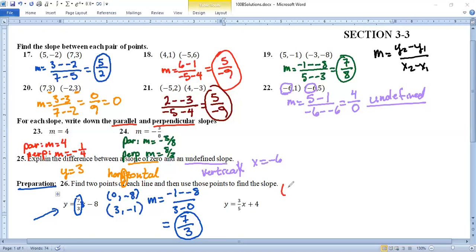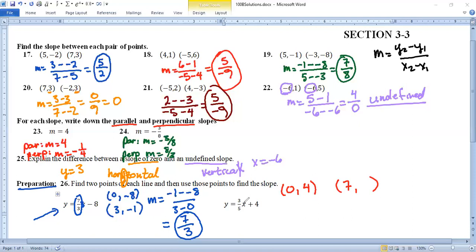Stick in, I don't know, 0. There we go. Stick in 0 right there. 3/5 times 0 is 0, plus 4 is 4. Excellent. Now let's stick in something like 1. Let's not stick in 1. Let's stick in something hard. 7. Yeah. Stick 7 in there.